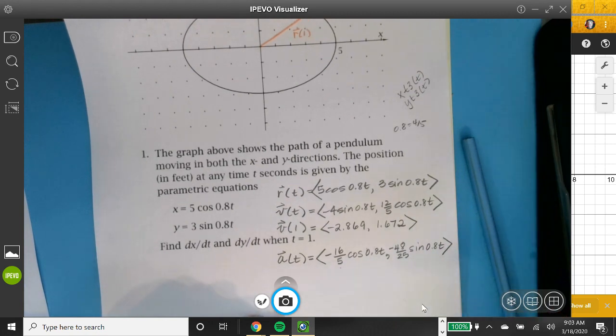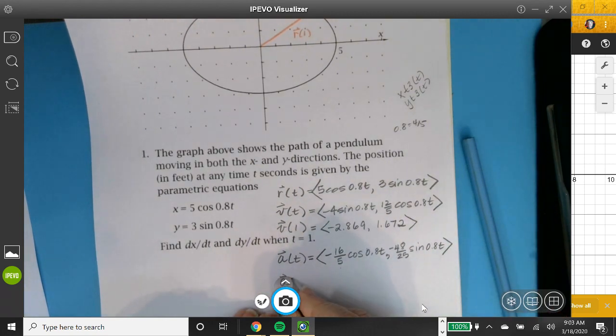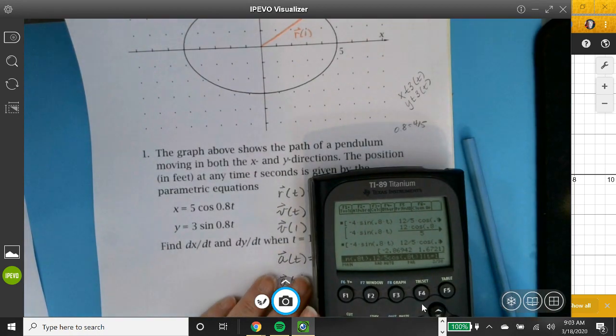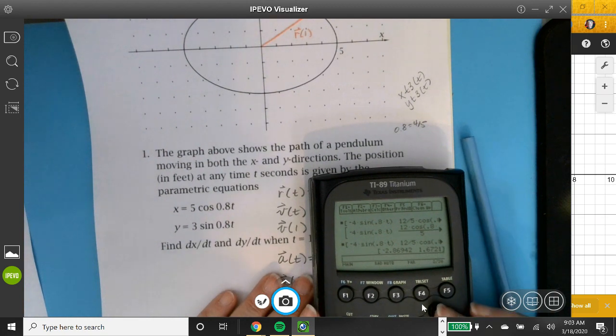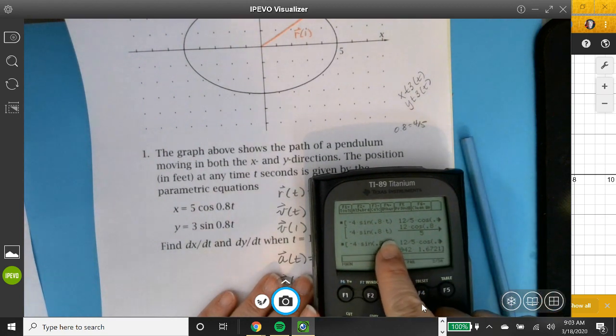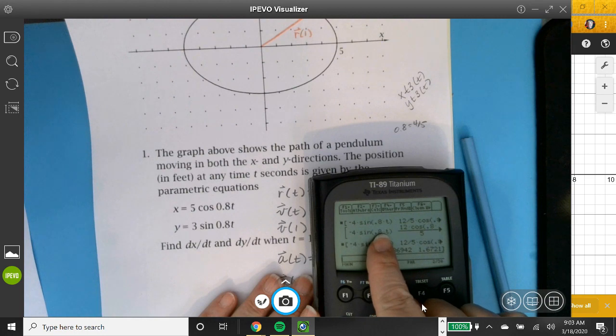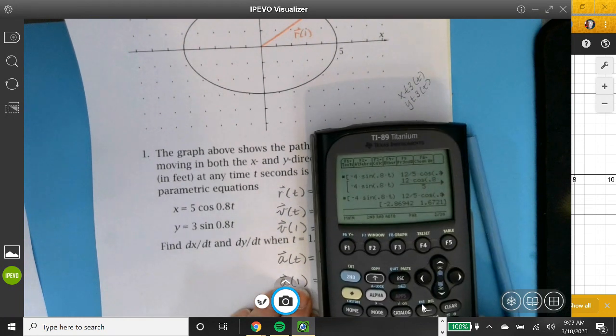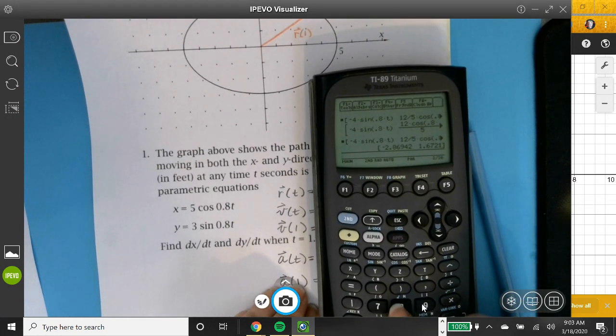All right, but I'm going to show you now how to take the derivative of a vector on your calculator, because we have our vector stored for the velocity. The velocity vector as a function of time is right here. So how do we take derivatives with a calculator? Well, we can either hit F3 derivative, or we can go second, number 8. I want you to notice there's a D here.